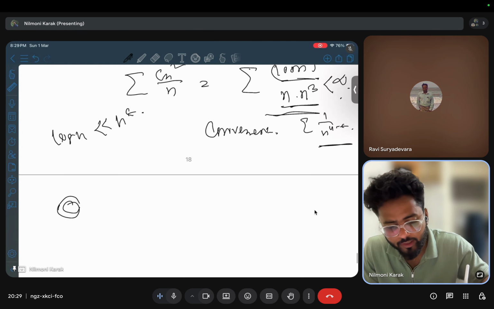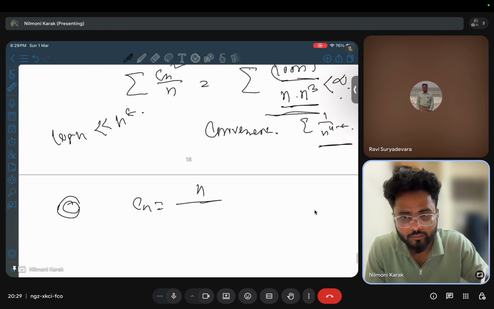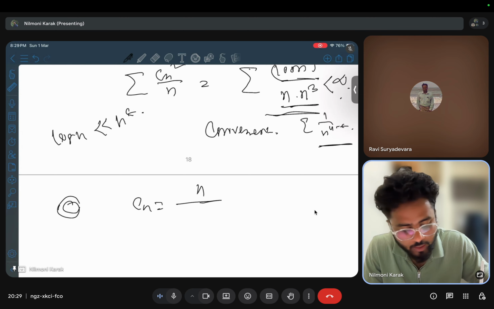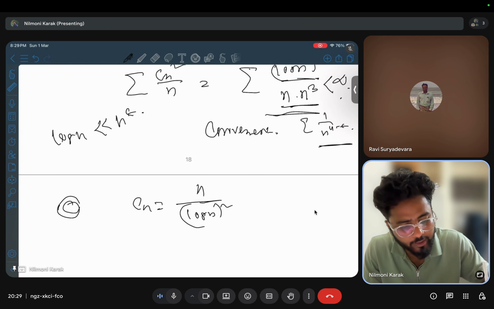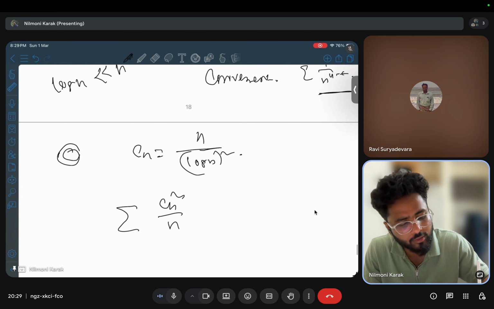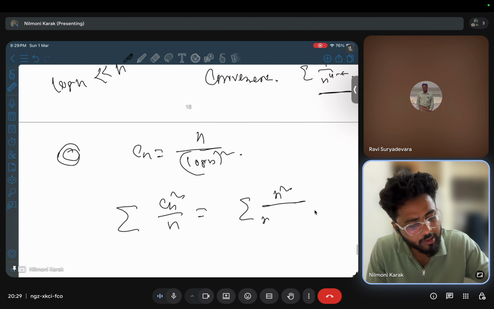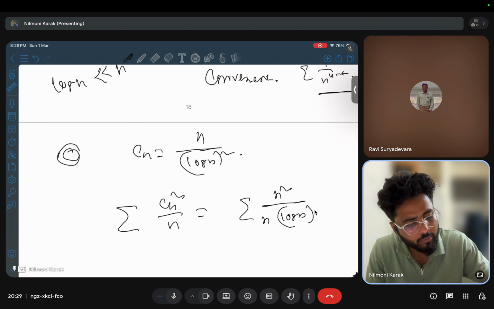And for C, Cn equals n by log n, whole square. For this case, Cn squared by n is what? This is n squared divided by n log n to the power 4.